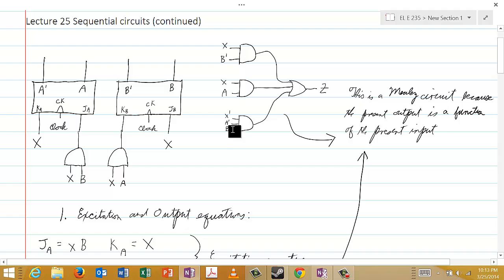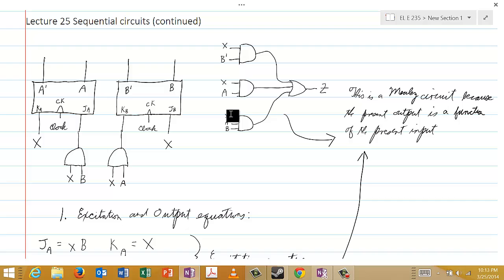But as we've just pointed out, it also depends on X and X prime, and unless we put some kind of restriction on X and X prime, it can change at any time. And therefore we have a situation here where Z could be changing when the state changes, or Z could be changing when the input changes. And so what we'll do to simplify this situation a little bit is we will assume that X is permitted to change only immediately before the positive edge of the clock.